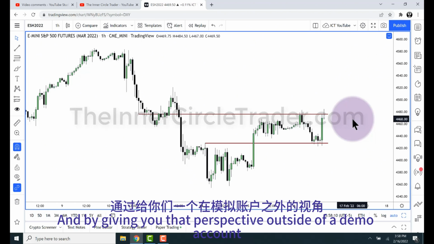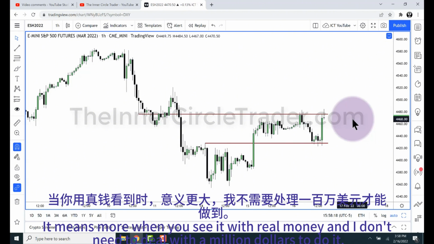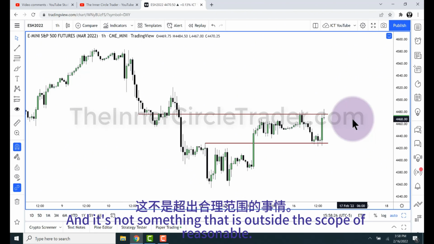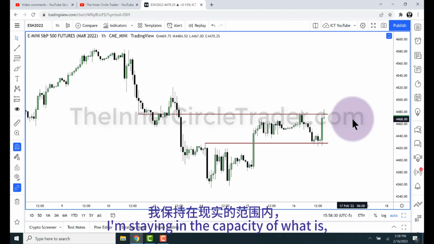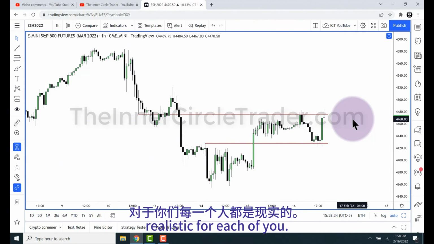By giving you that perspective outside of a demo account, with a live account, it's a little more meaningful. It means more when you see it with real money, and I don't need to do it with $1 million to do it. You all can appreciate these figures that I've already shown this year, and it's not outside the scope of reasonable. I'm staying within what is, in my opinion, realistic for each of you.